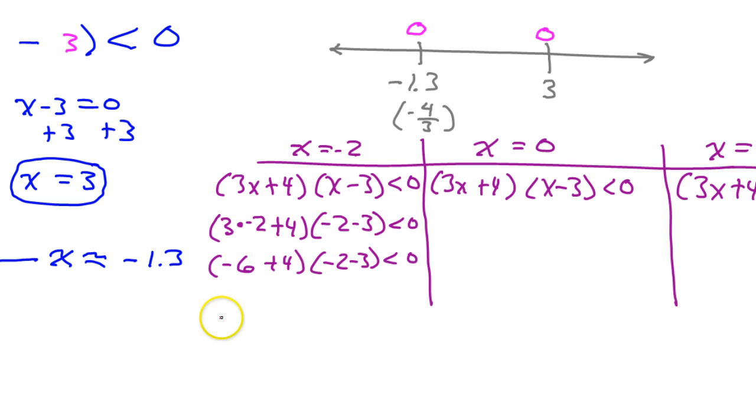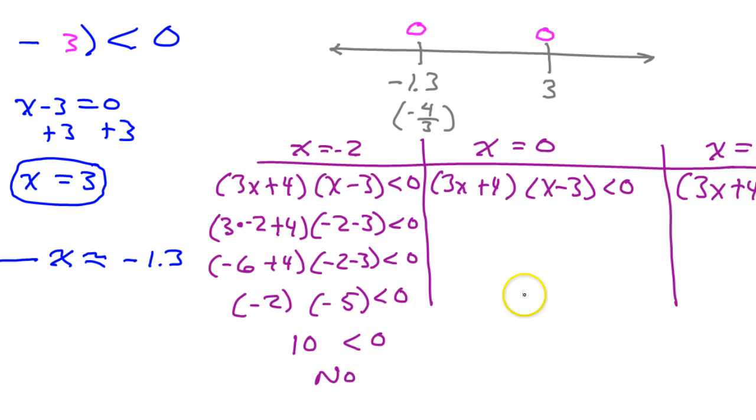Negative 6 plus 4 is negative 2. Negative 2 minus 3 is negative 5. Multiply these together and you get a positive 10. Is 10 less than 0? No, that is a positive number. It can't be less than 0.